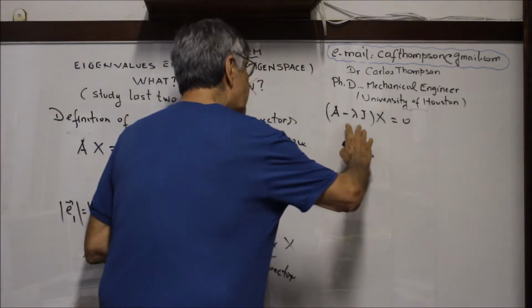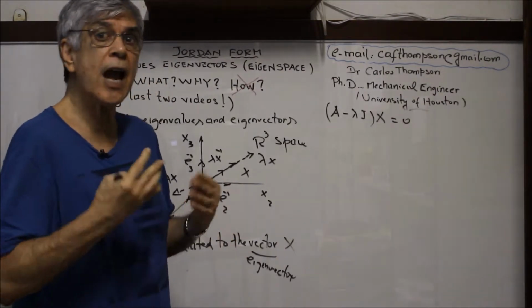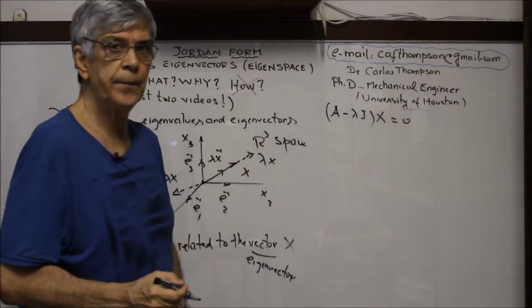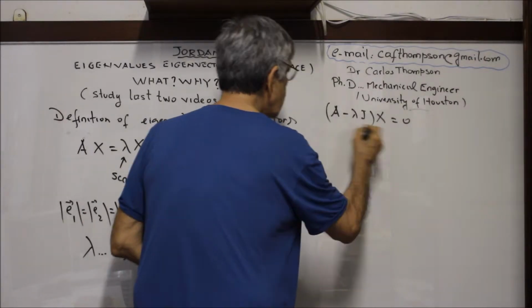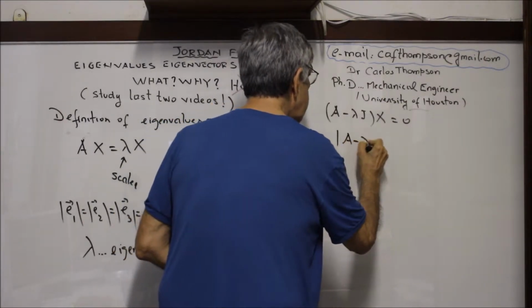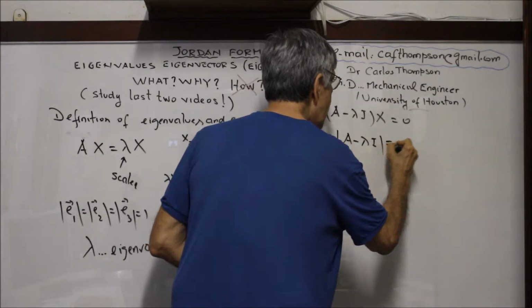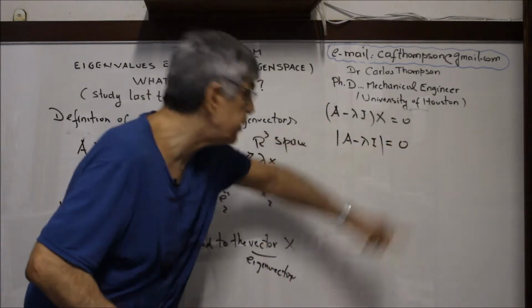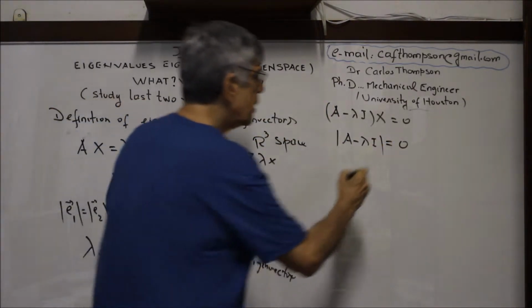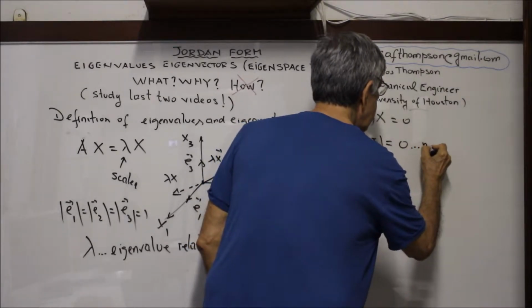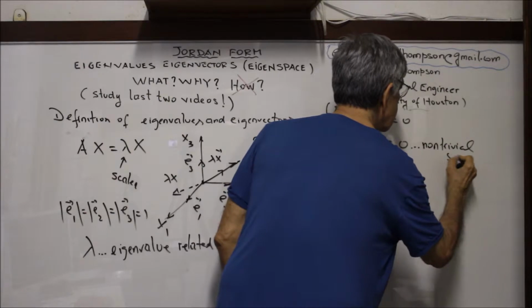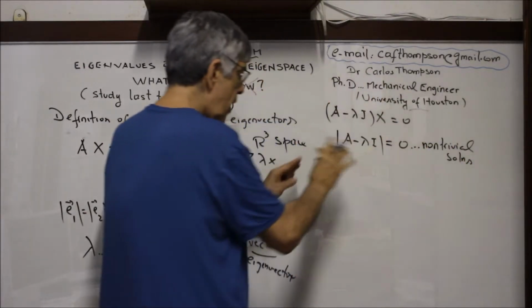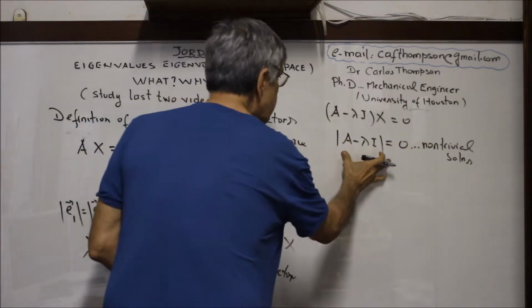Now, let's do this. How can you calculate lambda? Look, I'll take this matrix here. The determinant of A minus lambda I has to be 0, must be 0. Why? Because we want non-trivial solutions. I said that before. Let's write this here.